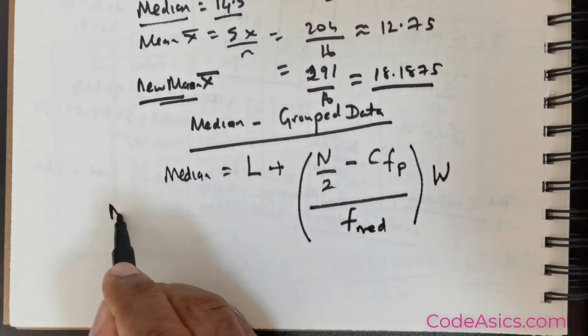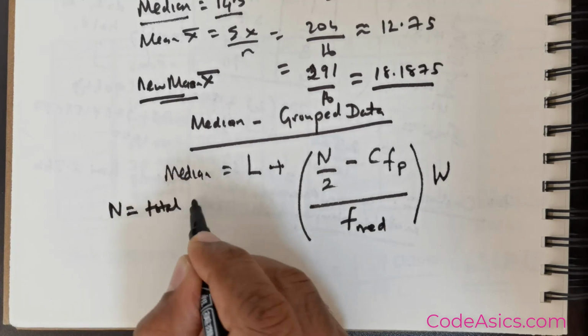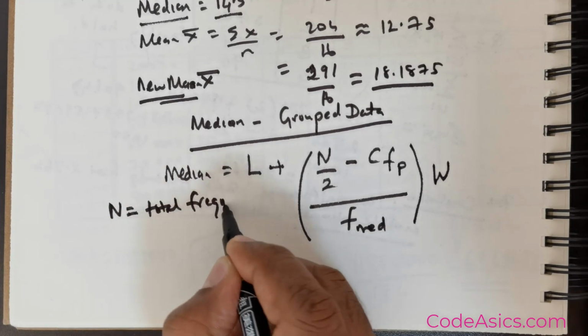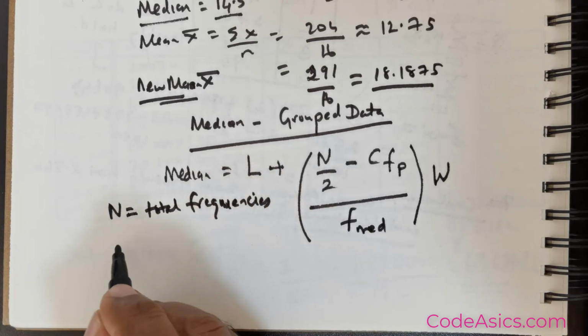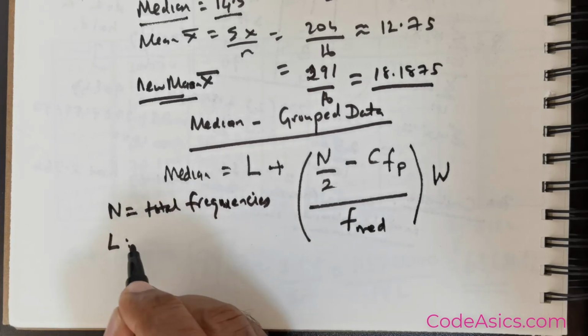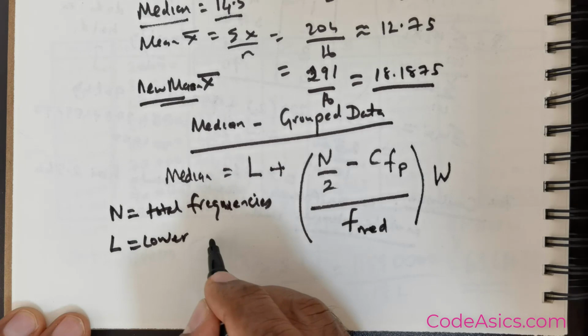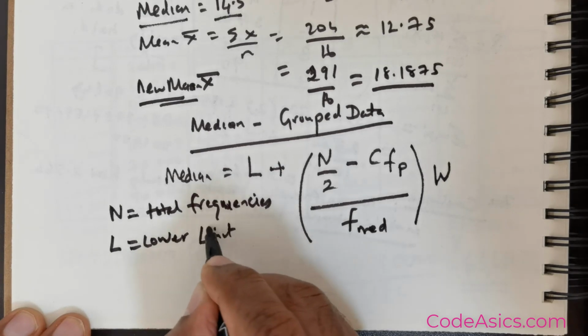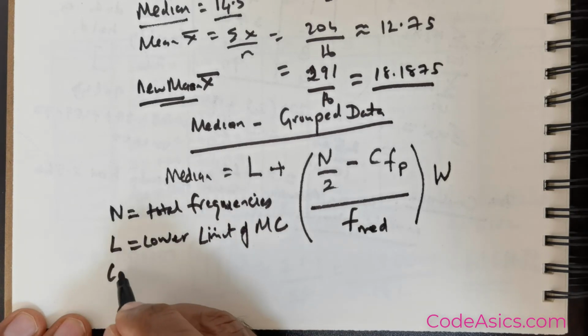Let me explain these things. N is nothing but total frequencies. Now L is the lower limit of the median class, which I'm writing as MC. I'll explain when we see the question.